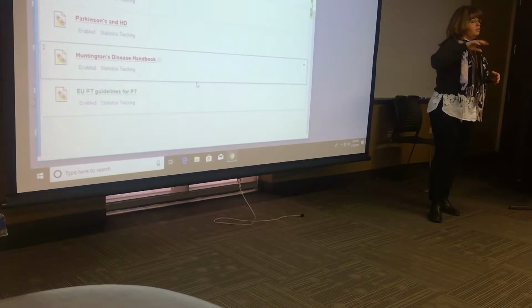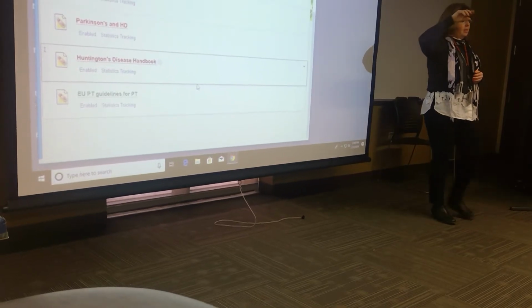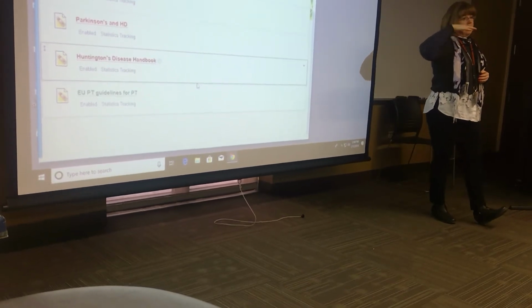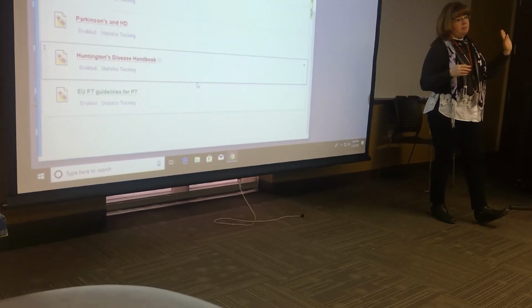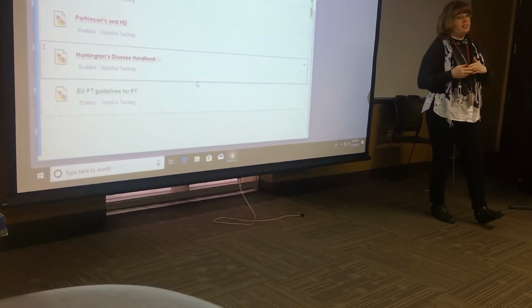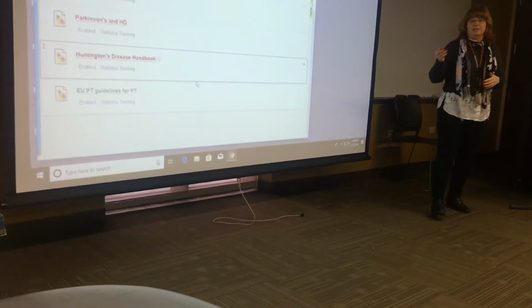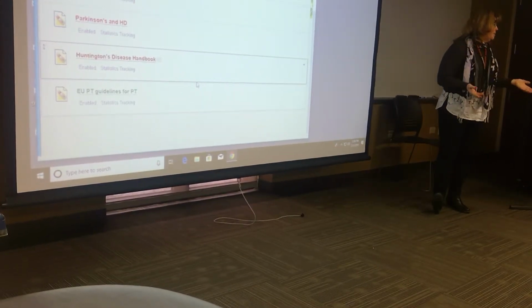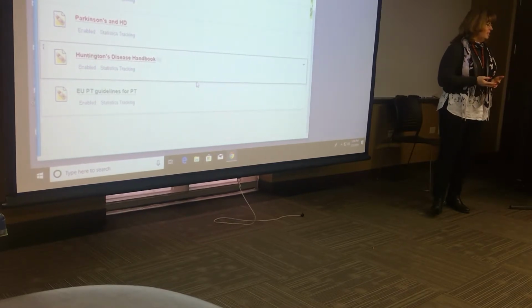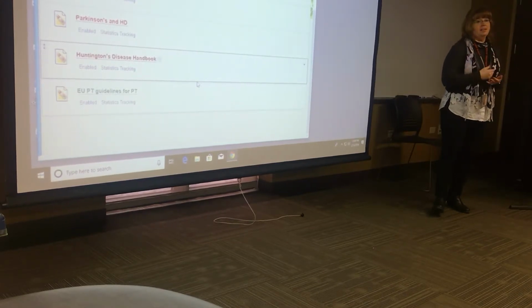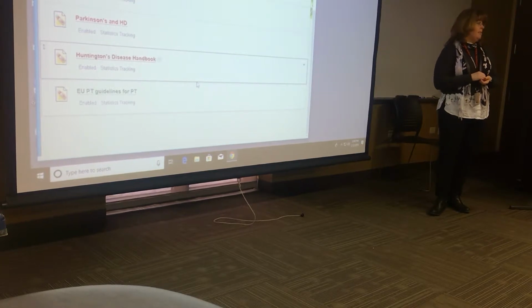If you go to the neuro section and look under special interest groups, Parkinson's and Huntington's are under progressive disorders or degenerative diseases. And guess what? APTA, the neuro section and the degenerative disease section, do not have clinical practice guidelines for either of these pathologies.